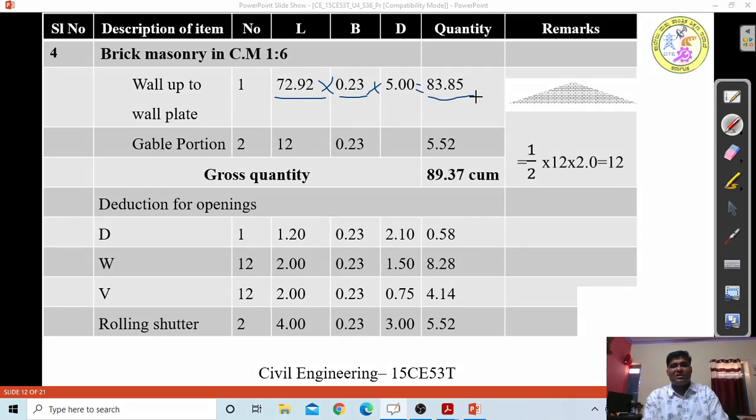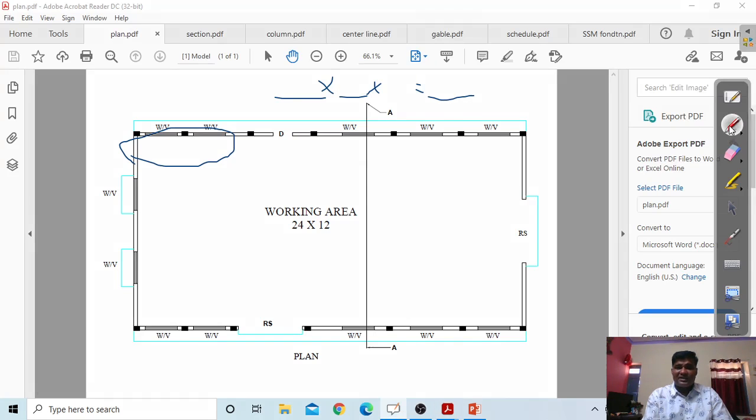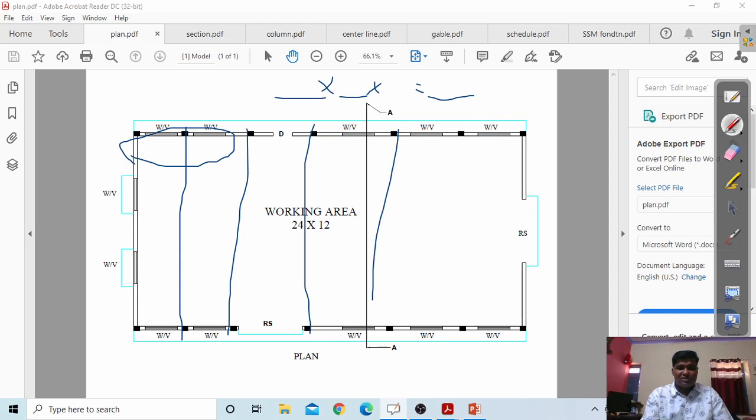After this, there is one portion called the gable portion. What is this gable portion? In the plan, the trusses will be coming above this column, above these two columns.